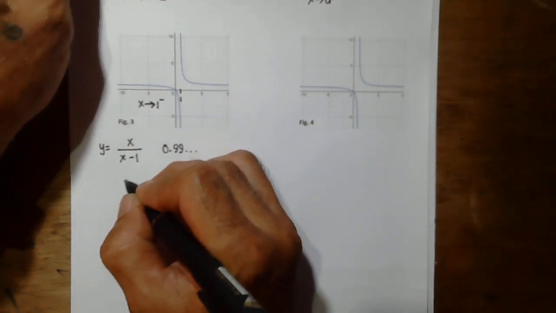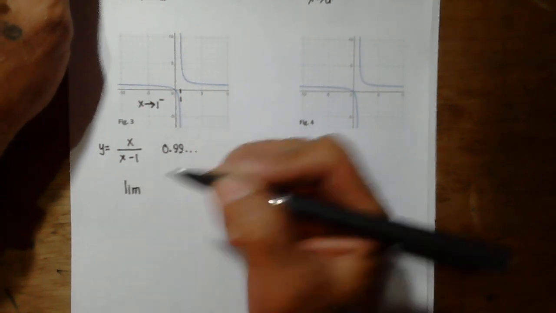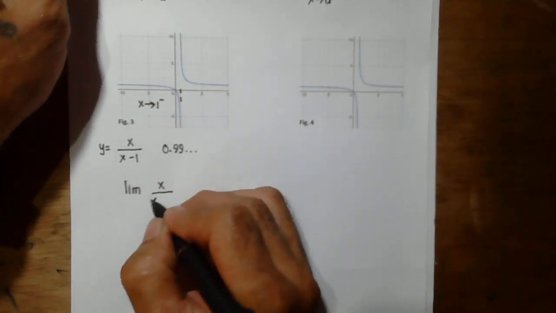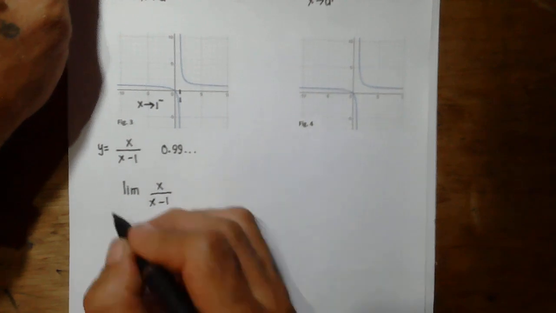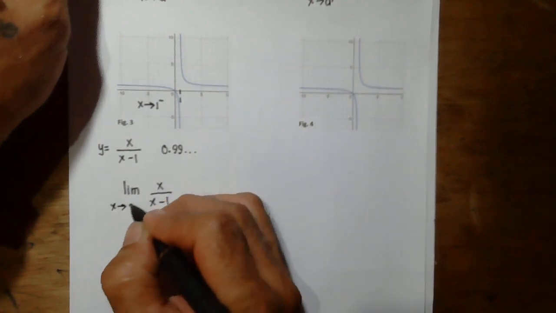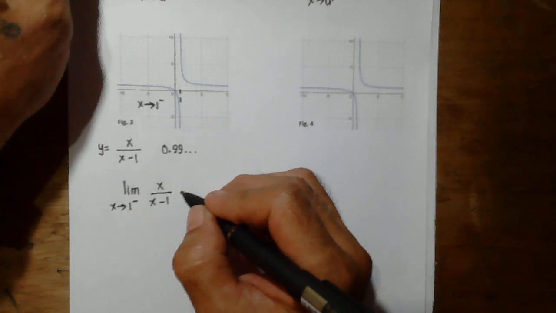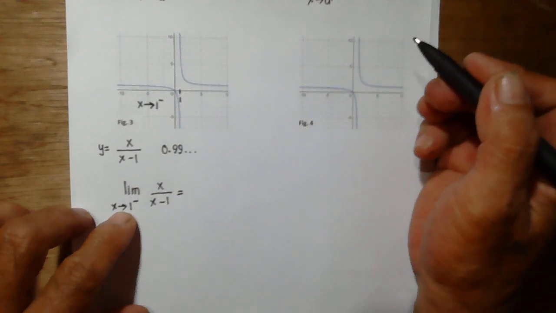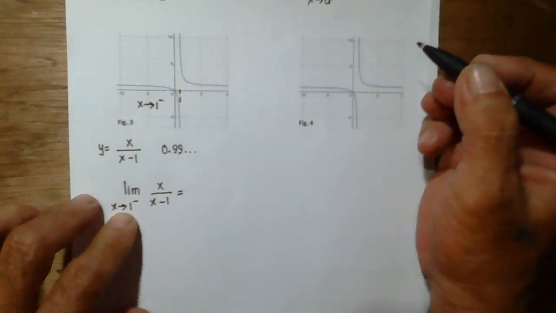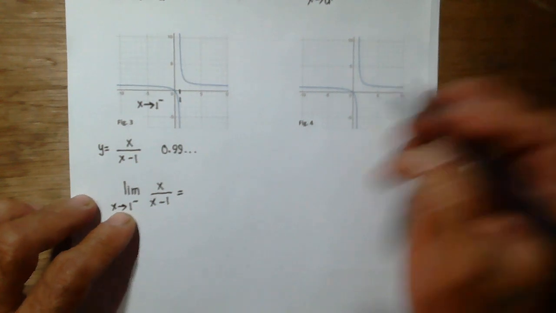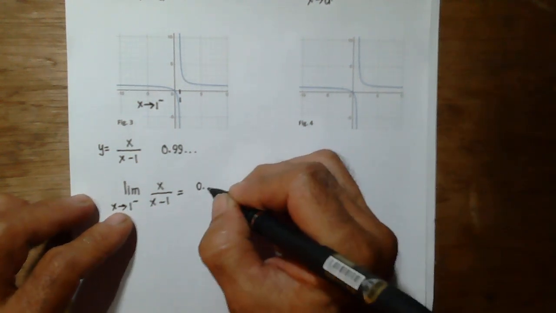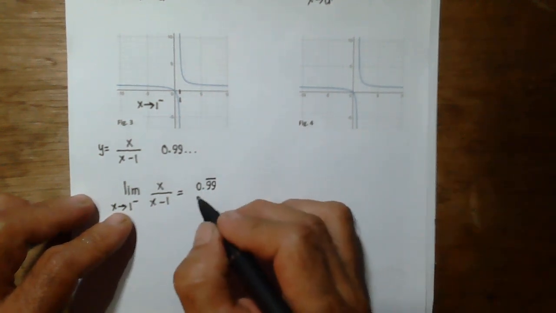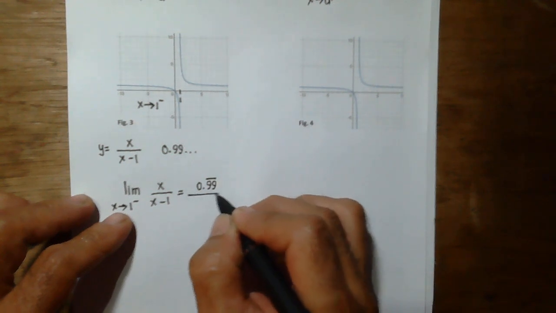Now we try to find the left hand limit of the function f of x. Now we evaluate the limit of x over x minus 1 as x approaches 1 from the negative side, which is equal to, by substitution, 0.9999... Now we place a bar on top of the digits 99 to indicate continuity.